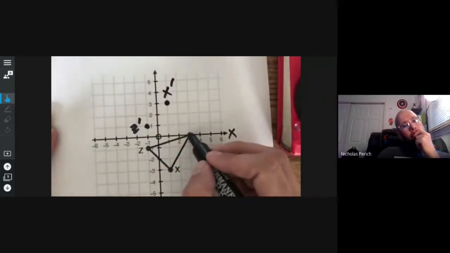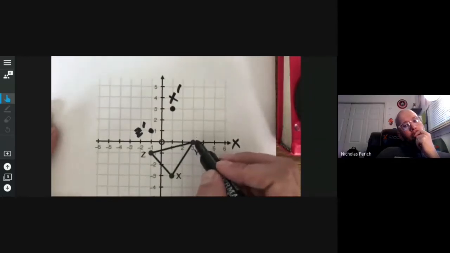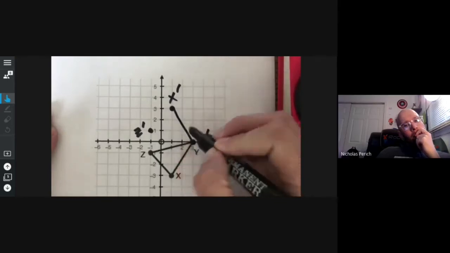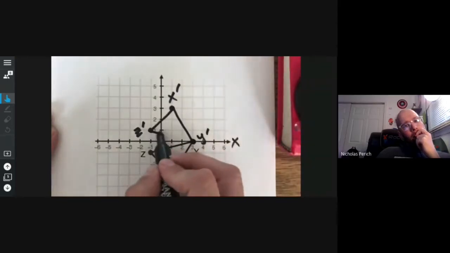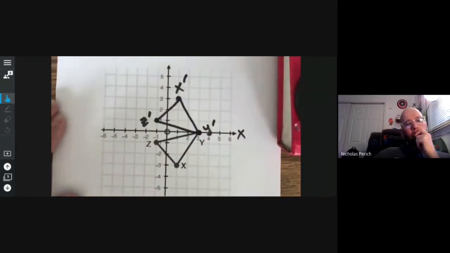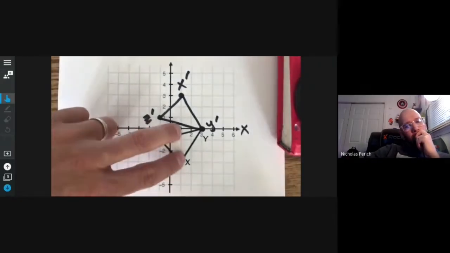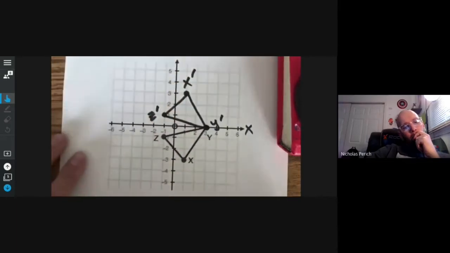Since Y is touching the mirror, it's on the mirror, so Y prime is going to be right there on the mirror. And what we have is a shape that is exactly the same, but flipped. It's a mirror image. And since it's the x-axis, what was down is now up. Done.